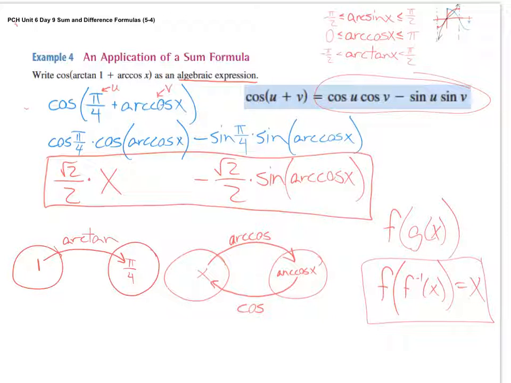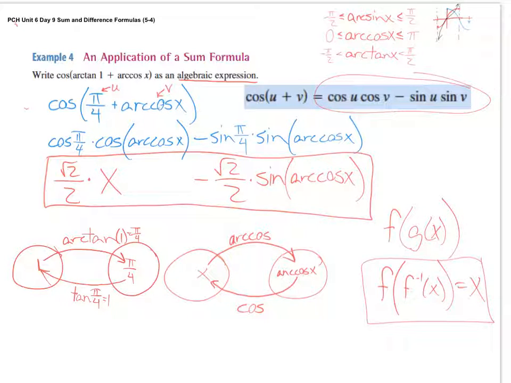We know that because if we took the tangent of pi over 4, we would get 1. That's kind of what you're doing in your head to figure out what those values are. And that's why, again here, arc cosine of x, when we take the cosine of that, they undo each other.